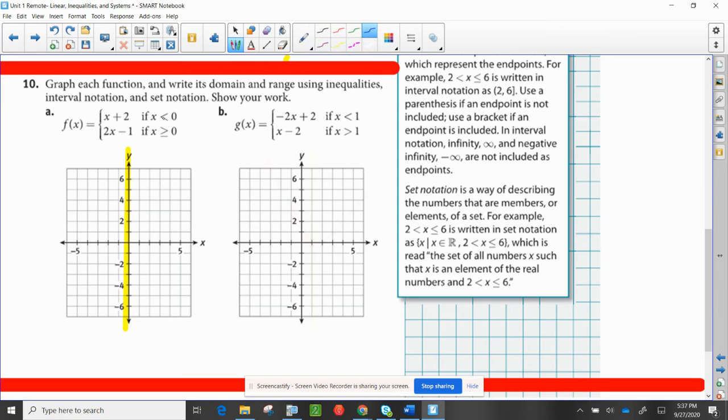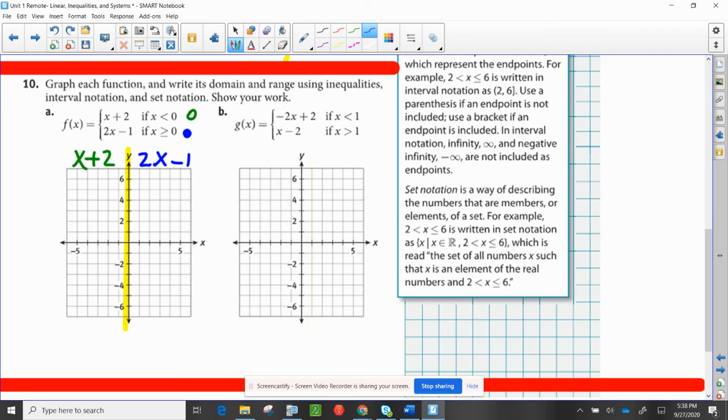Since it's less than 0, I'm already going to remind myself that's going to be an open circle. Greater than or equal to 0 will be my closed circle. So on the less than side of my fence, I know x plus 2 is going to go. And on my right, greater than side, it's going to be where we put 2x minus 1.